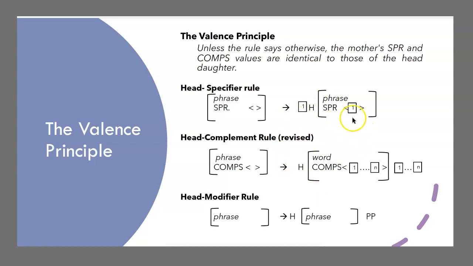Right? Because there are no rules which apply, automatically your valence principle applies, and the mother node will have empty specifier and empty comps. Whenever you have both empty comps and empty specifier values, then it is a saturated phrase. So the noun itself is a noun phrase. You don't need anything more, but your head feature principle still applies because the same value is carried.